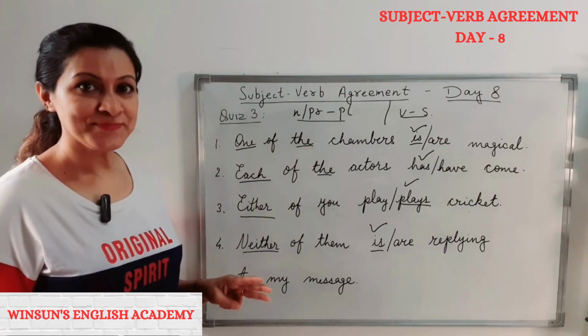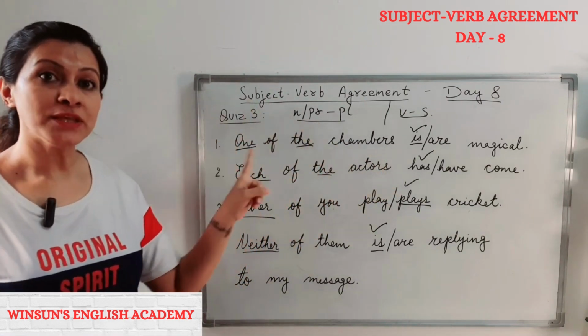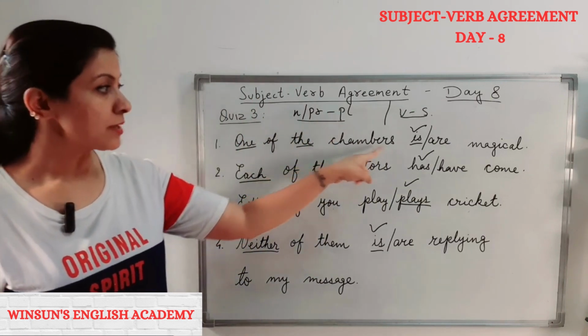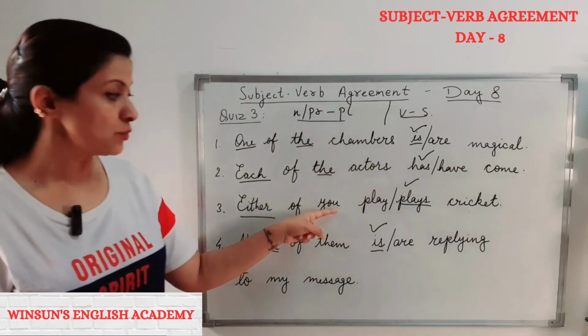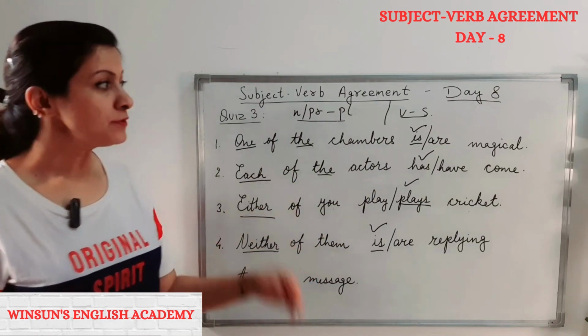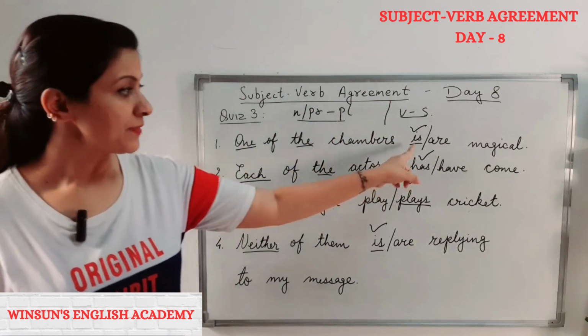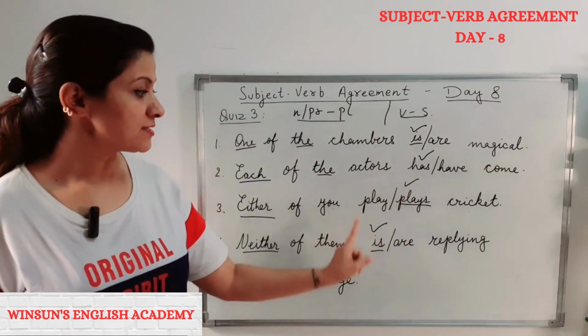Third point, the noun or pronoun must always be plural. Chambers, actors, you is a plural subject, and them. Fourth, the verb is always singular. Always. Is, has, plays, is.